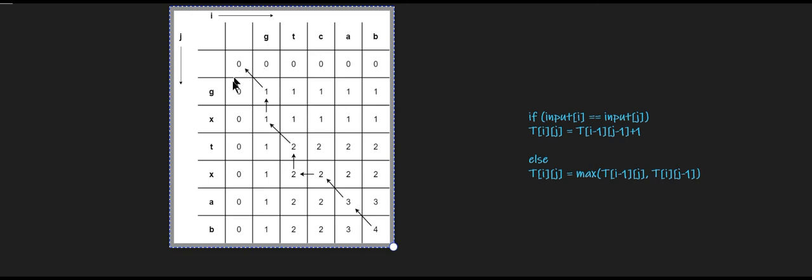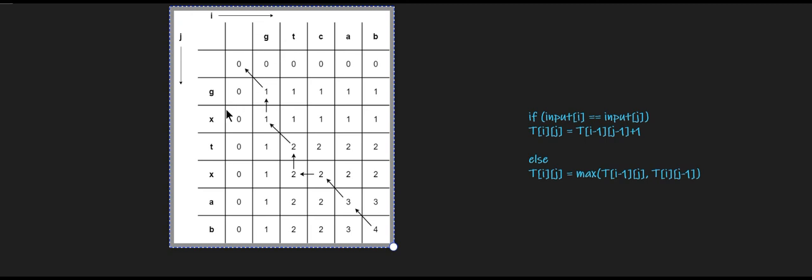Now we move on to the next row. Now we compare the first character G with GX of the second string. Here we have only one character in common. So we take the maximum of this 0 with this 1. So we get 1. Next we compare GX with GT.